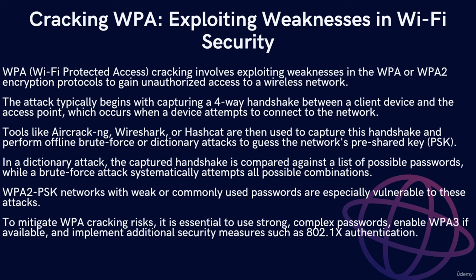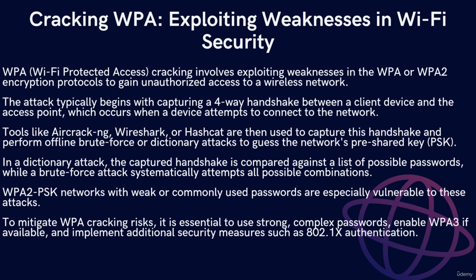In a dictionary attack, the captured handshake is compared against a list of possible passwords, while a brute force attack systematically attempts all the possible combinations to crack a password. WPA2 PSK networks with weak or commonly used passwords are especially vulnerable to these attacks.